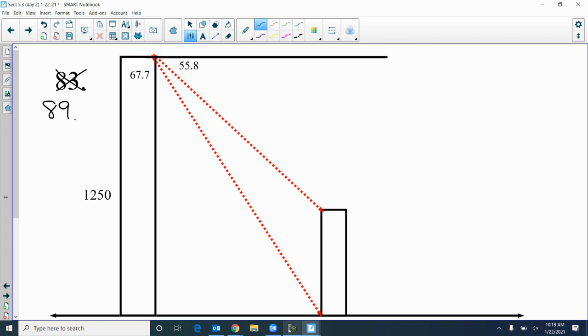What are we finding for 89? Find the height of the second building. Okay, so that building over here. We know the angle of depression to the top, which would be this angle. We know the angle of depression to the bottom, which would be that angle. And now we got to find the height of that building.